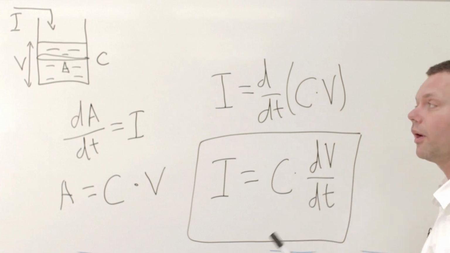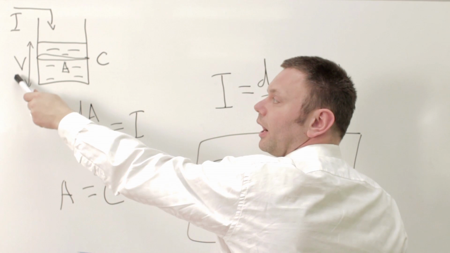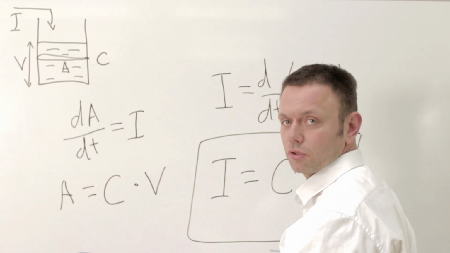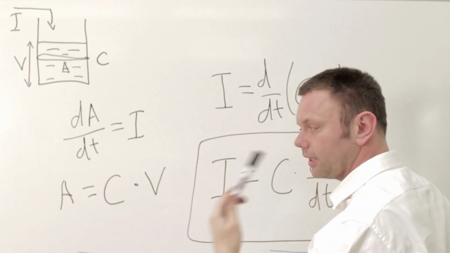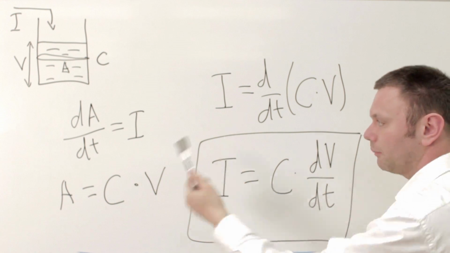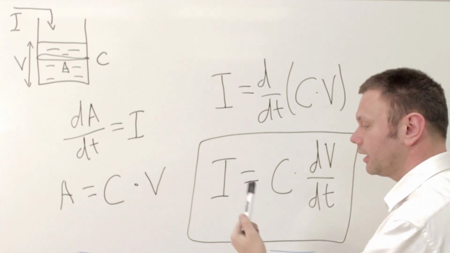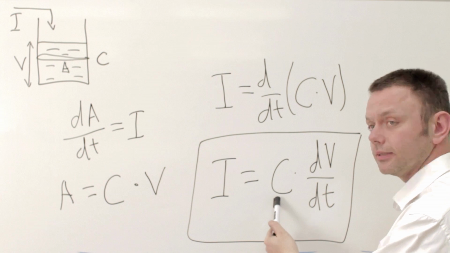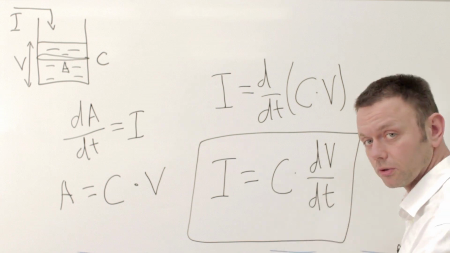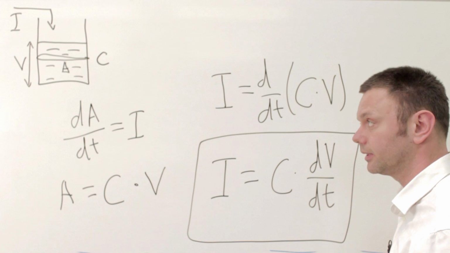This was the reason why previously we introduced V for height instead of H, because we wanted to make you see how the equations are actually absolutely identical. The current is equal to capacitance times the rate of change of the voltage across the plates of the capacitor.